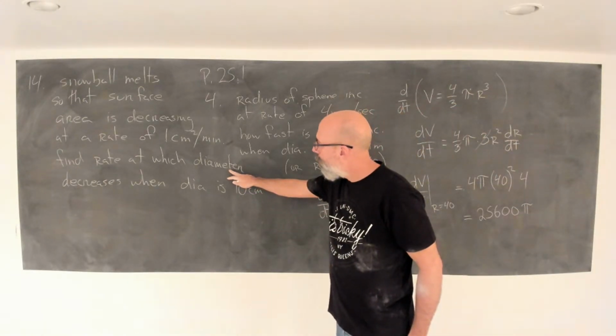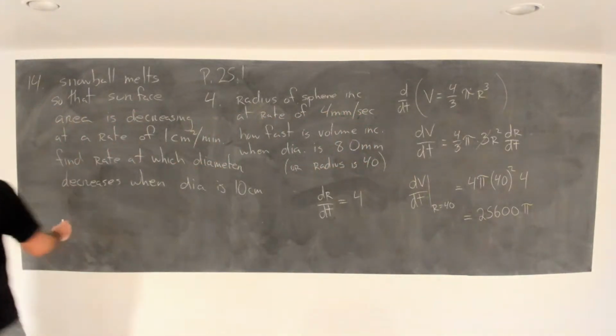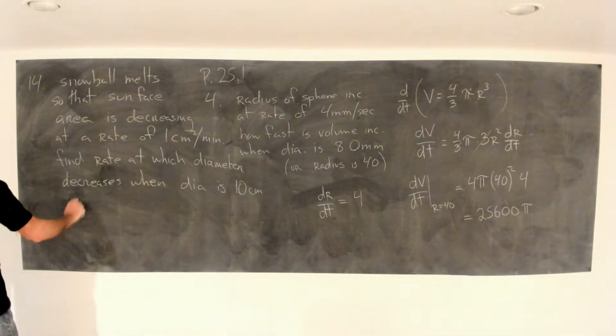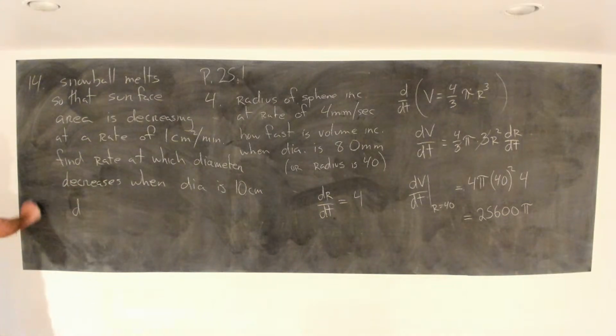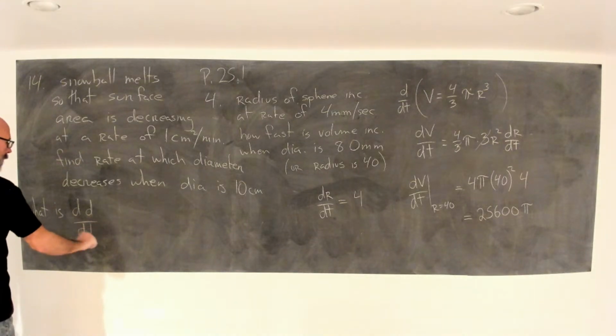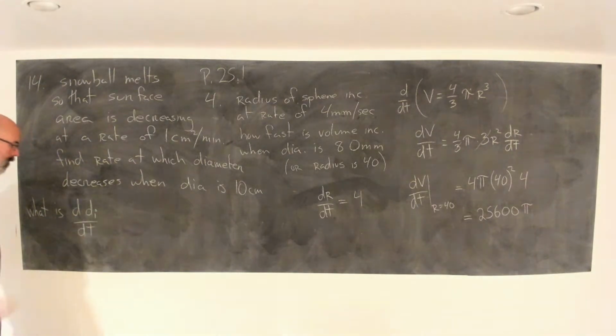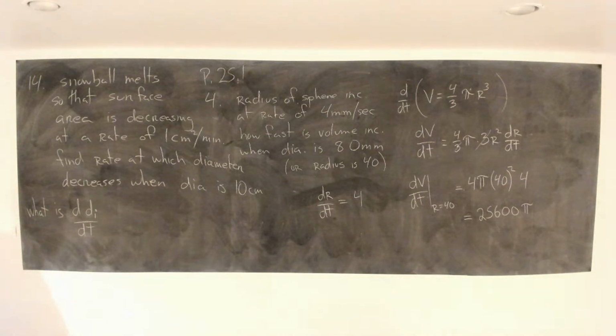They want the rate of change of the diameter. So what is the rate of change of the diameter? Do I want to call it di so that it's not awkward? Does that make it even worse? Who knows?